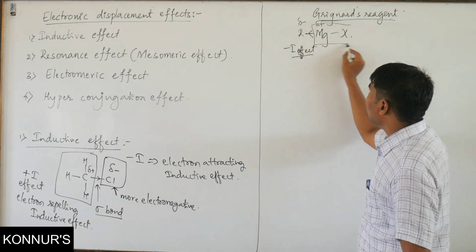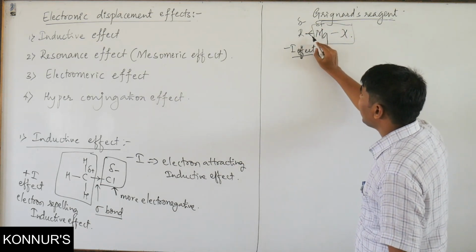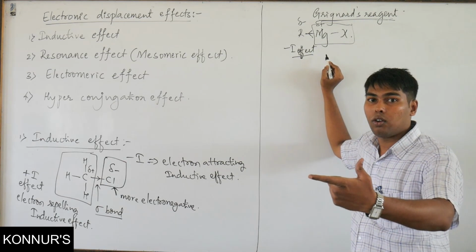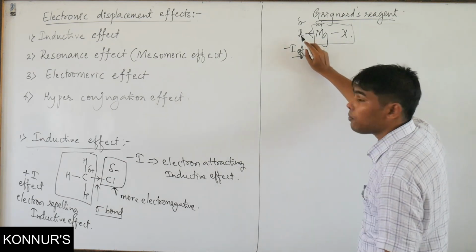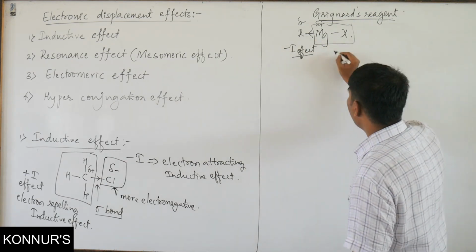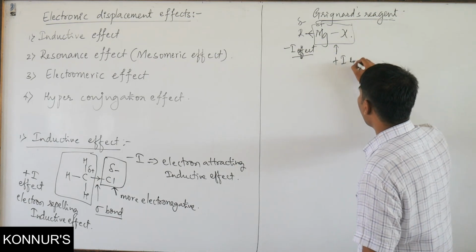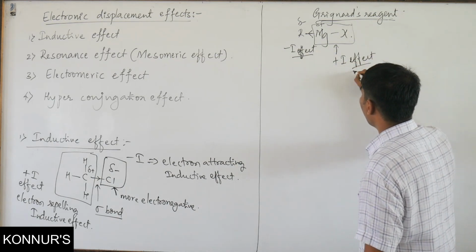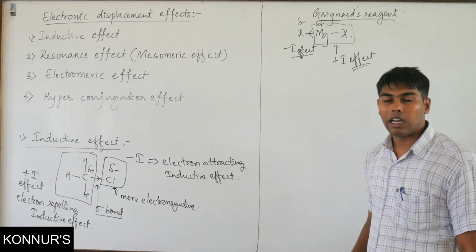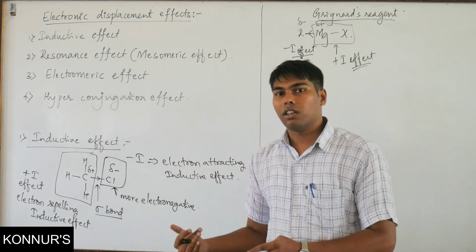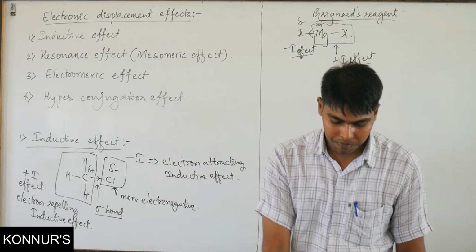With respect to the metal group, it has given away the electrons towards the more electronegative atom, that is carbon in the alkyl group, so it is a positive I effect. Those kinds of electronic effects are there. We will discuss these things further in detail in the examples.